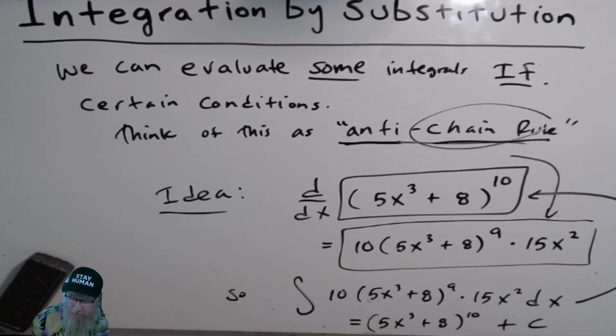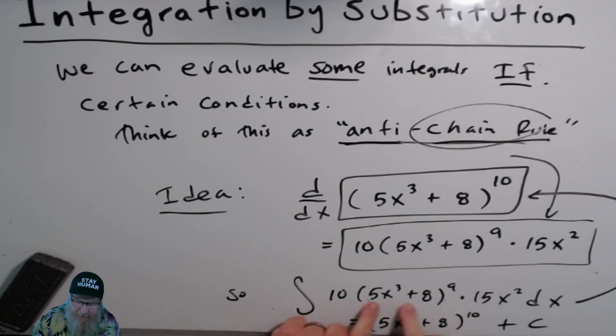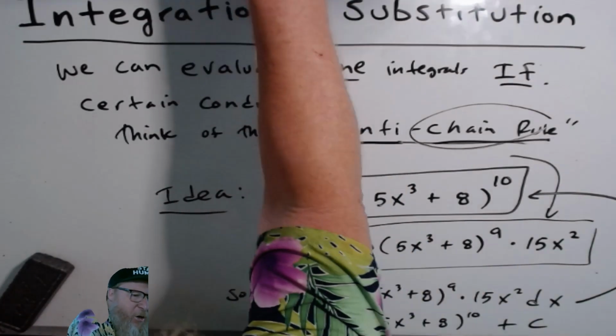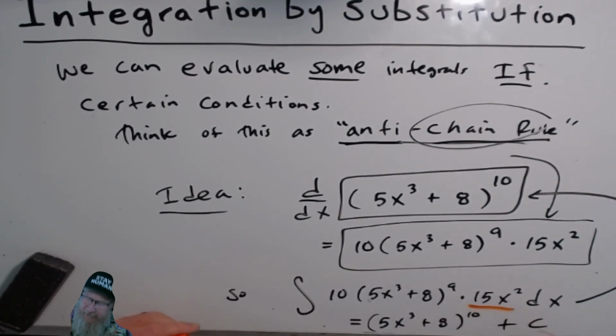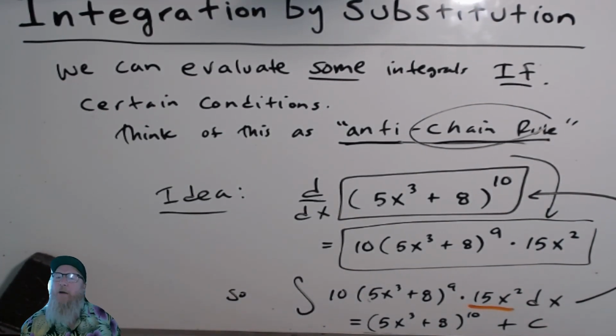So what makes this possible? First of all, you'll notice that this is sort of like a product rule. It's a very, very specific condition that must be met. The condition is that the derivative of 5x cubed plus 8 must already be included in the integrand.